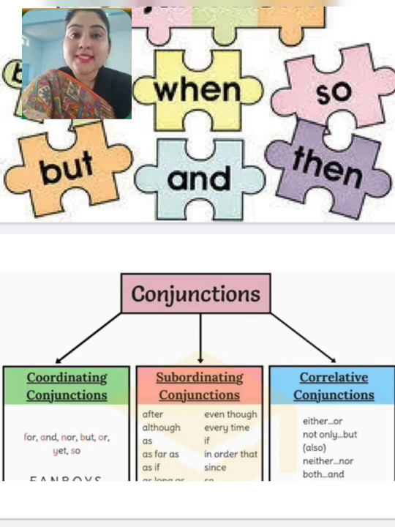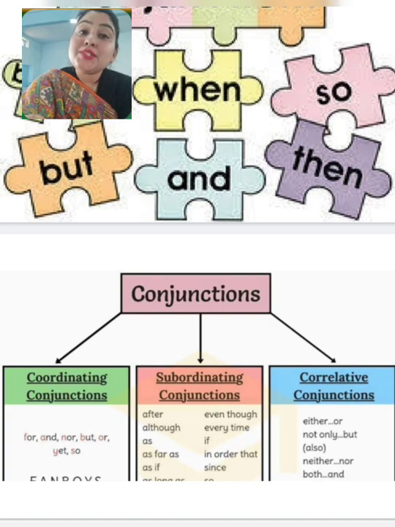Now see the next. "But." He is poor but honest. Now, what are they saying? He is poor, वो poor है, but वो honest है. So it is telling us that although he is poor, still he is honest.